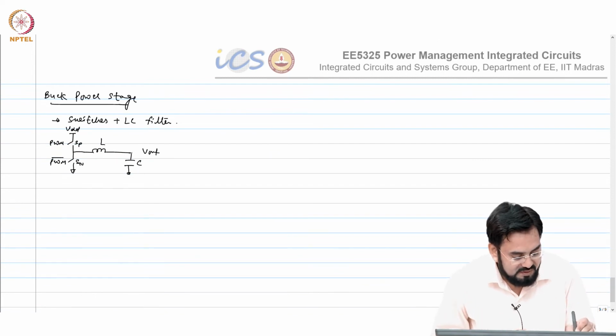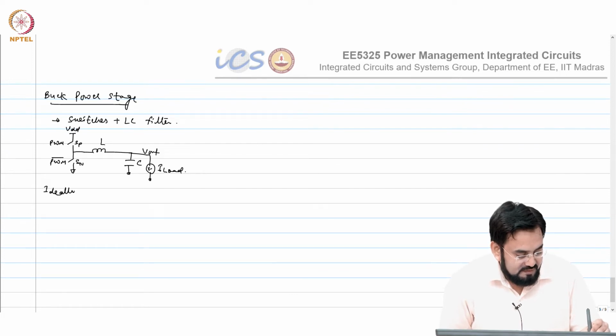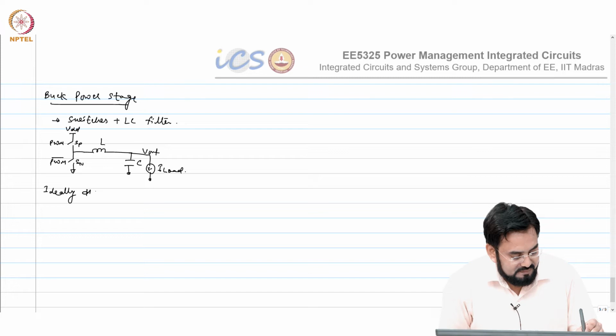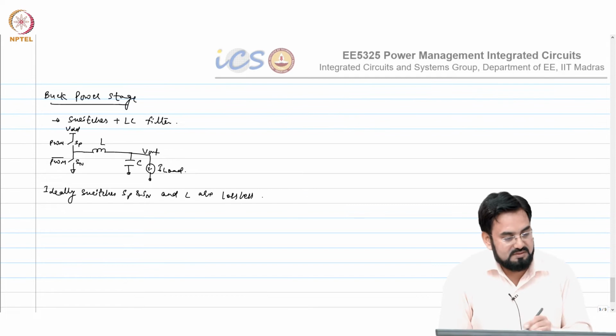So, V out, and if this has some load, ideally switches SP and SN and L are lossless.